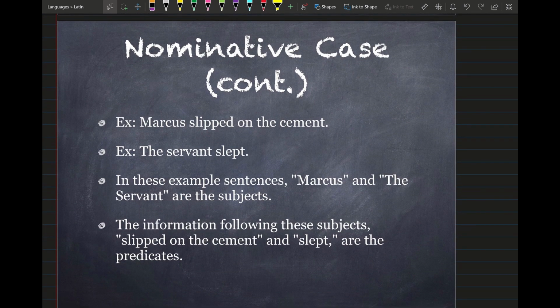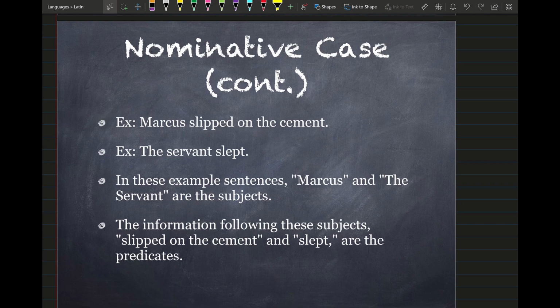So look at these particular examples in English. Marcus slipped on the cement. The servant slept. In these example sentences, Marcus and the servant are the subjects.